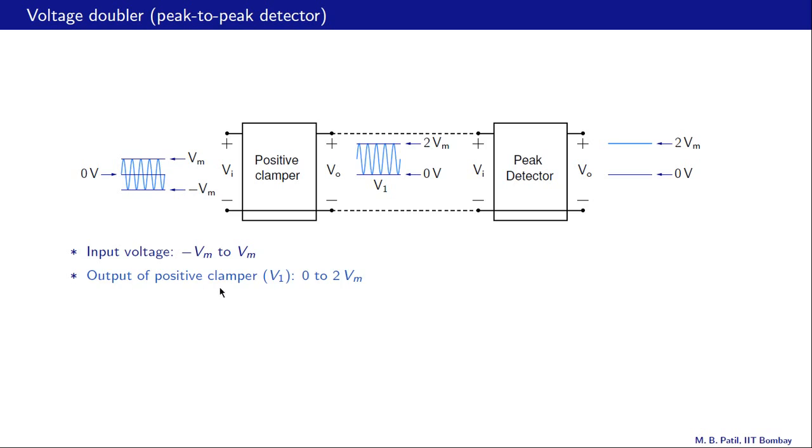The output of the positive clamper, that is this circuit, which provides a positive level shift, is from 0 to 2 Vm, and it's otherwise identical to the input voltage. So the input voltage just gets a shift and it now goes from 0 volts to 2 Vm.